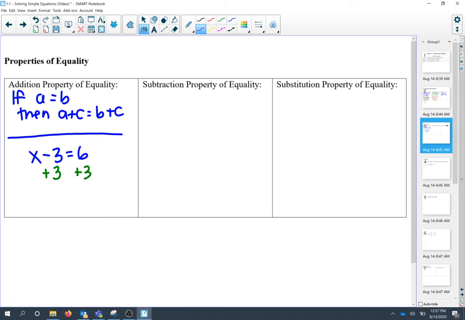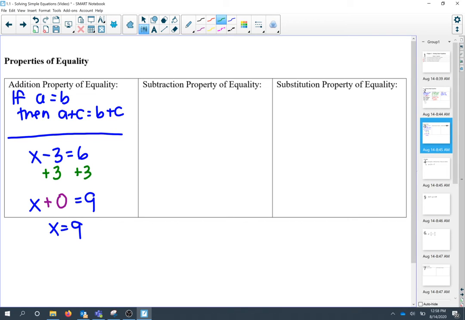Then I'm just going to bring down my x. I know that negative 3 plus 3 is 0, so really I have plus 0. And then I'm going to have equals 6 plus 3 is 9. You don't really need the plus 0, so we just have x equals 9, and that is our solution.